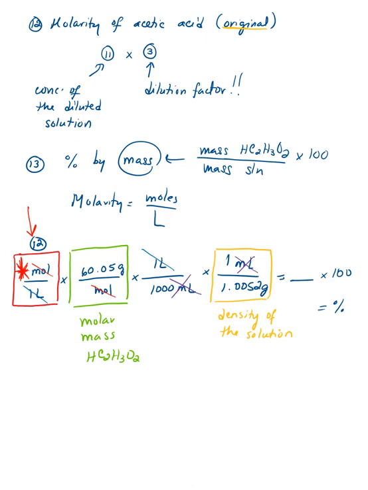And now the units that you have left are grams here, which are grams of your solute, which is acetic acid, over grams right there, which is grams of the total solution. That number times 100 will give you the percent by mass. And you have your percent by mass in grams of acetic acid, which is your solute, per gram of your solution.